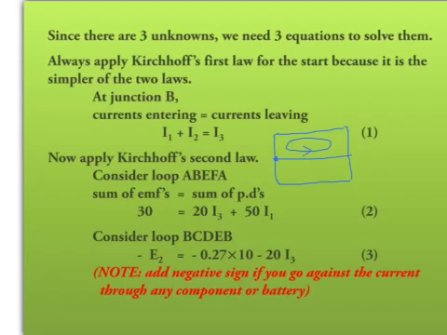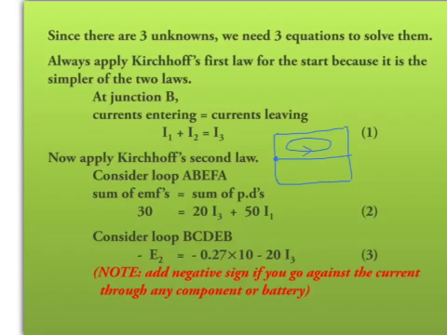That one and that one are entering, and that one is leaving. So I1 plus I2 equals I3. Now apply Kirchhoff's second law, and you have to consider a particular loop to do that. So consider loop ABEFA, which is that one there.